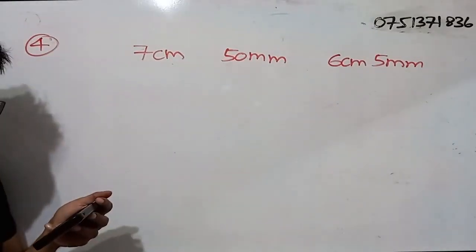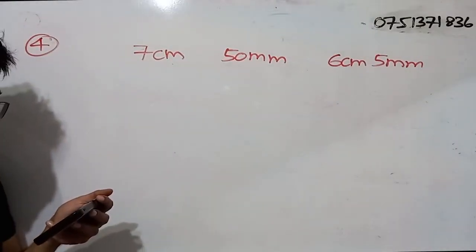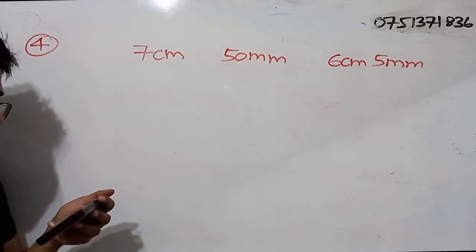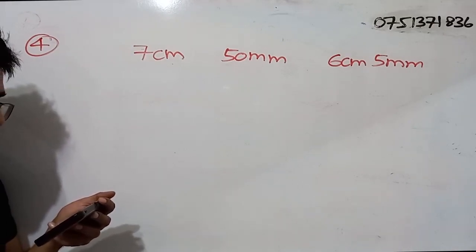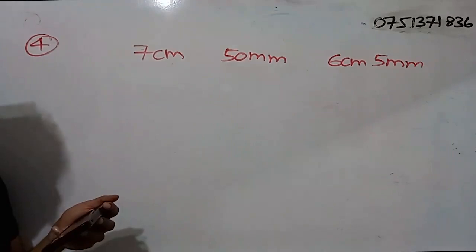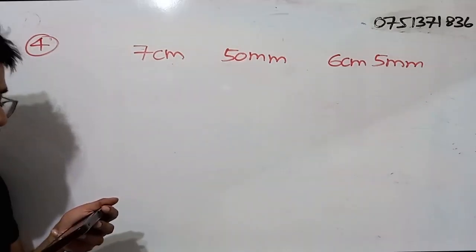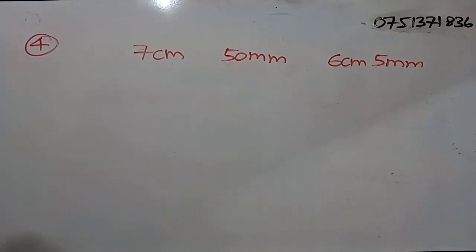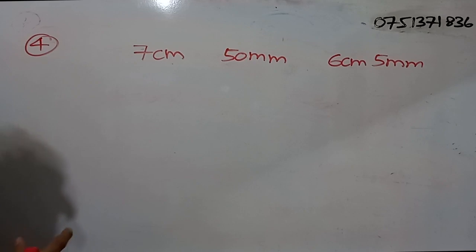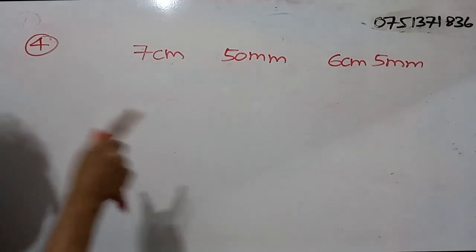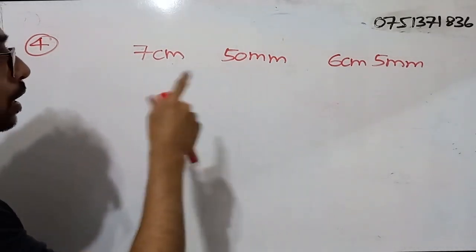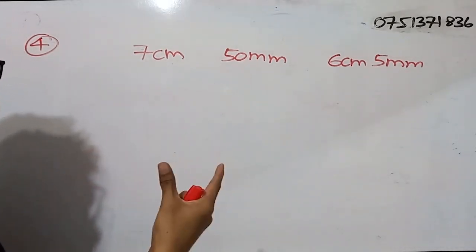Right. Question number 4. The sides of a triangle are 7 centimeters, 50 millimeters and 6 centimeters and 5 millimeters. Find the ratio of the lengths of the sides and express it in the simplest form. First of all, we need to understand that when we are doing calculations regarding ratios, all the terms must be in the same unit, right?